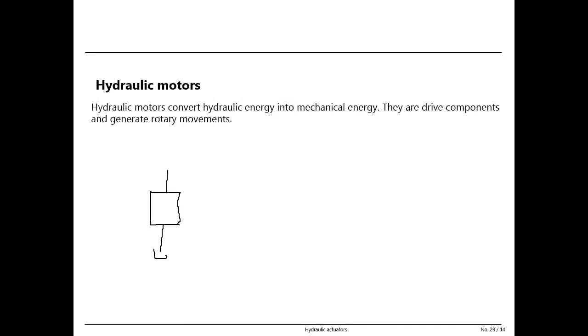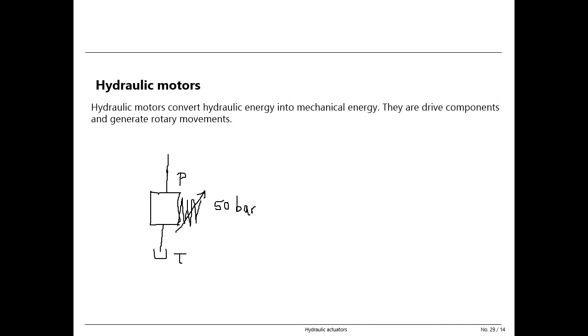The tank here has to be connected to the tank. This is the pressure side. And here we have the spring. Using the arrow, we can adjust it for the level, let's say 50 bar. So 50 bar.